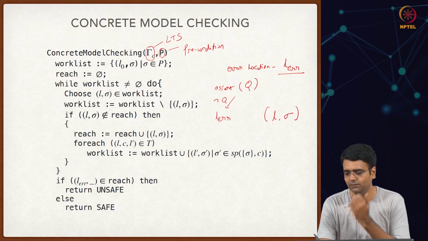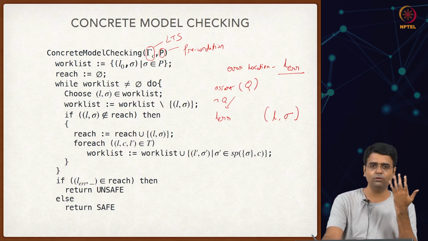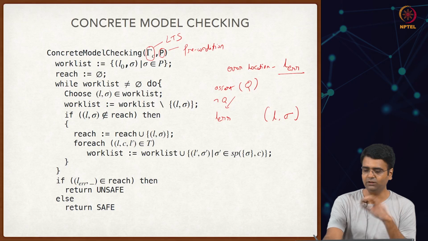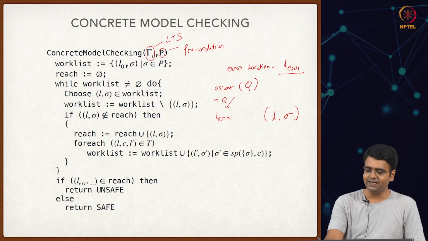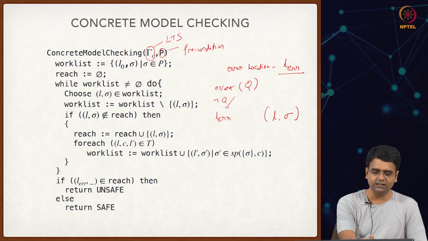L is some location in the program, and sigma is the concrete program state, which is the valuation of all program variables. So it maintains a set of such pairs. The idea is that at the program location L, the state sigma is reachable, and now what you want to do is propagate the state sigma to all the successors of the location L. This is what is done in this while loop.